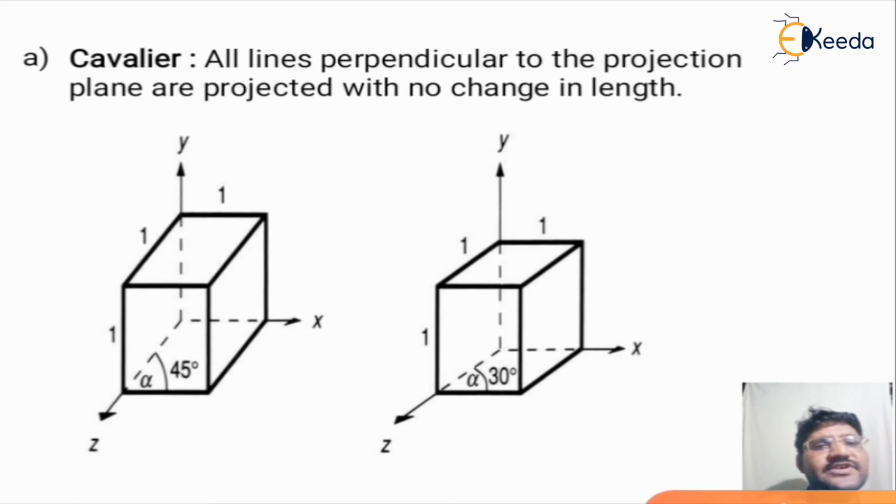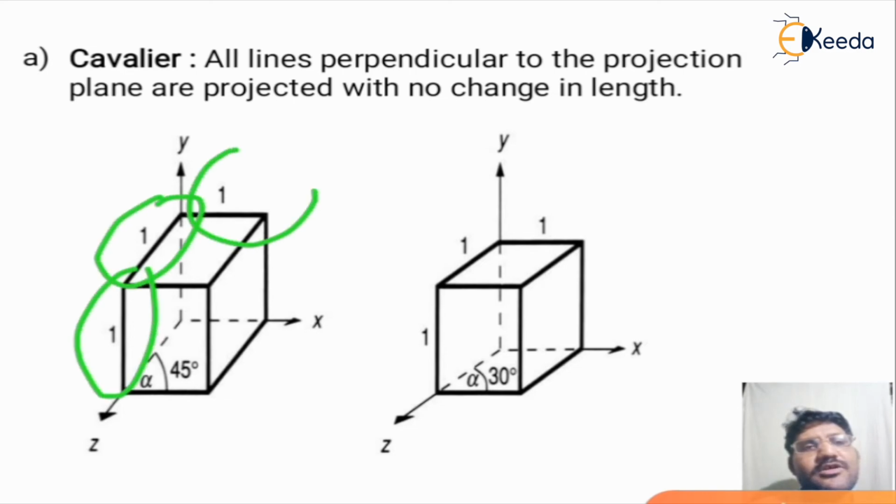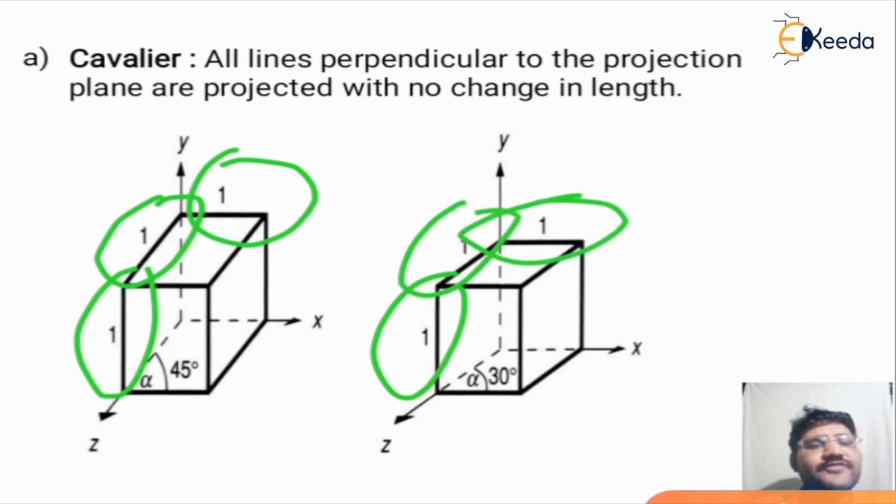Here in the diagram we can see the object length is 1, and after projection again the length is 1. So this is called cavalier projection, where the length does not change.